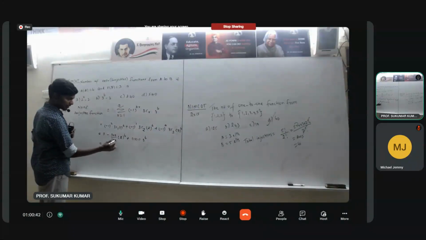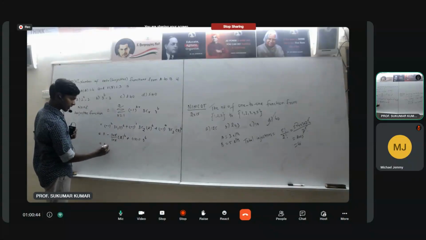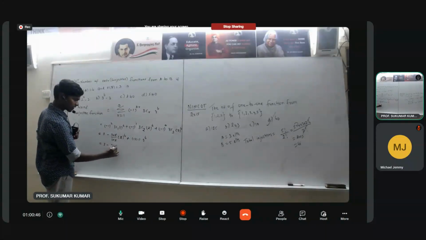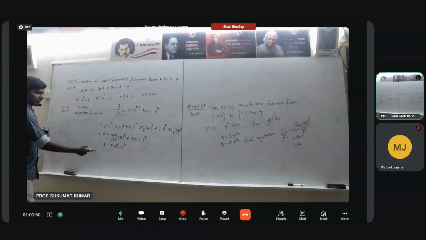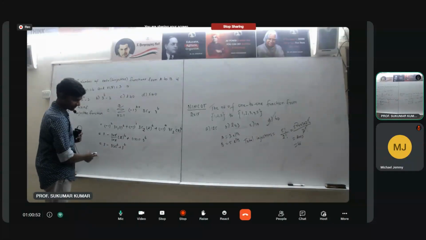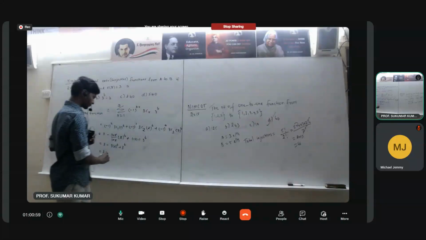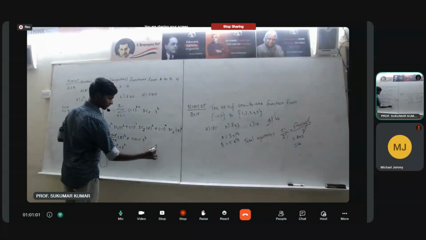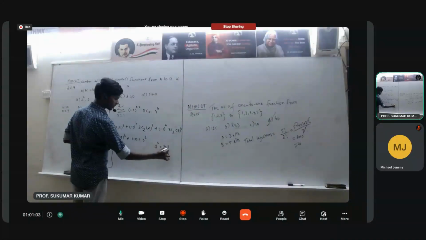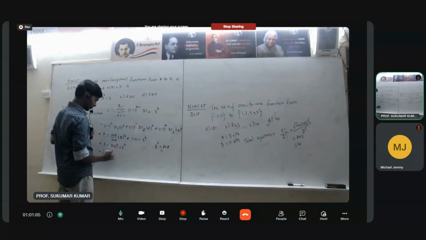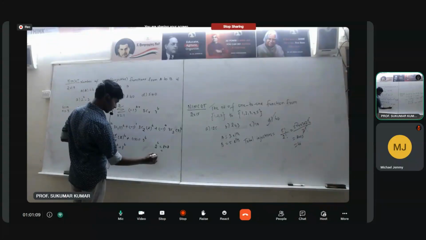So just calculate. 3 minus 3 into 2 power 6, plus 3 power 6. Calculate if you want. 2 power 6 is 8 into 8, which is 64. So 3 into 64, plus 3 power 6.